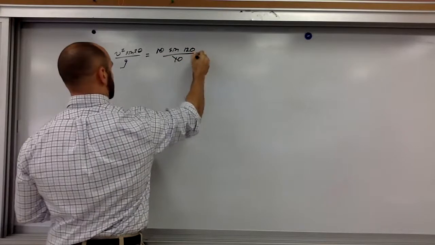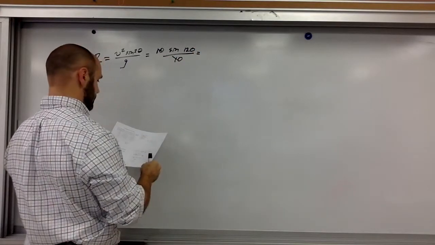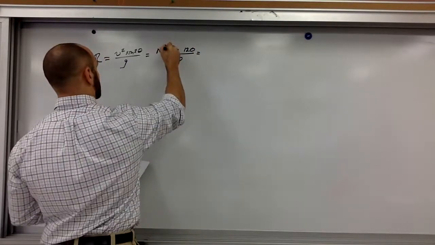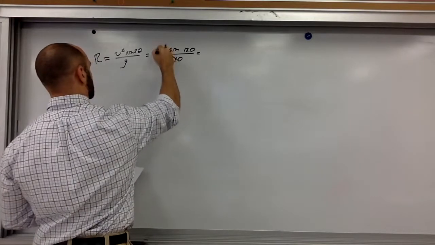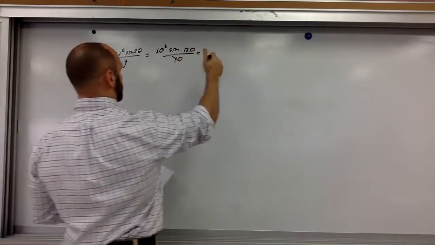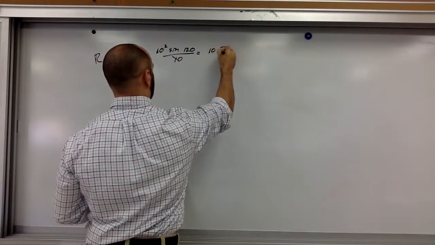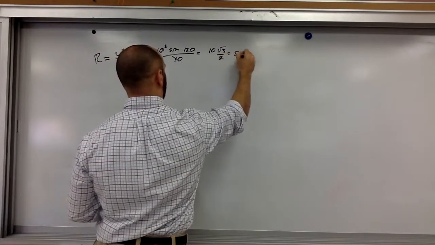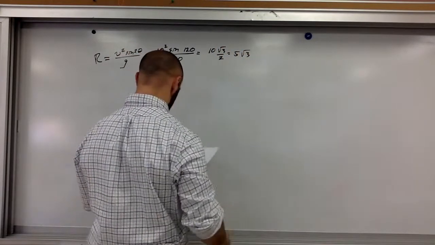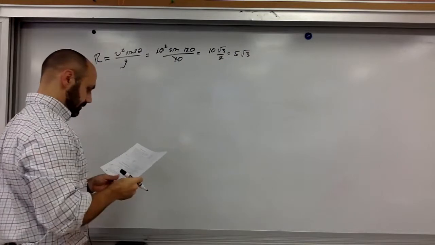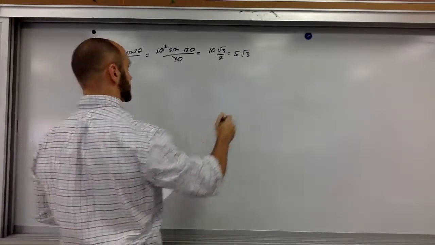These cancel out, oh, this is squared, so I'm left with a 10. This is root 3 over 2, so I end up with 10 root 3 over 2, so let's say 5 root 3. Okay, which is about 8.7 meters.